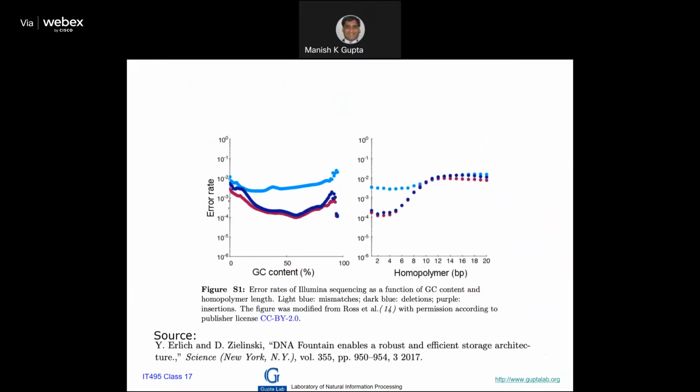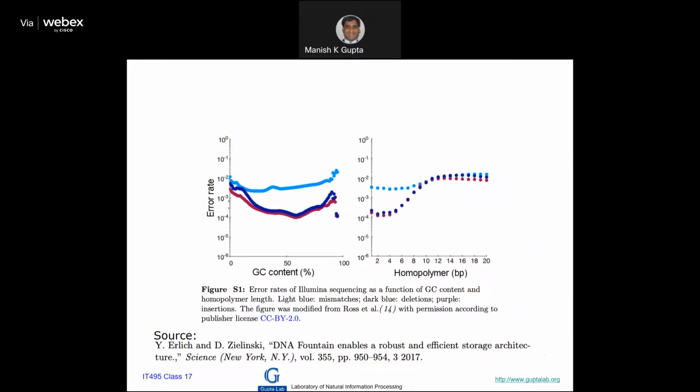Here you see the error rates of Illumina sequencing. In Illumina sequencing, I'll talk about different kinds of sequencing. So these are error rates of this sequencing as a function of GC content and homopolymer length. You can see this is with respect to homopolymer and with respect to GC content, right?